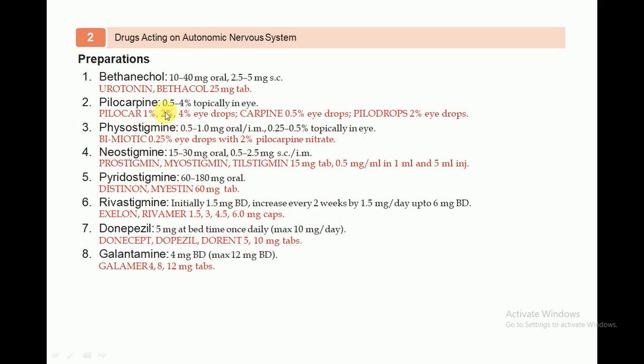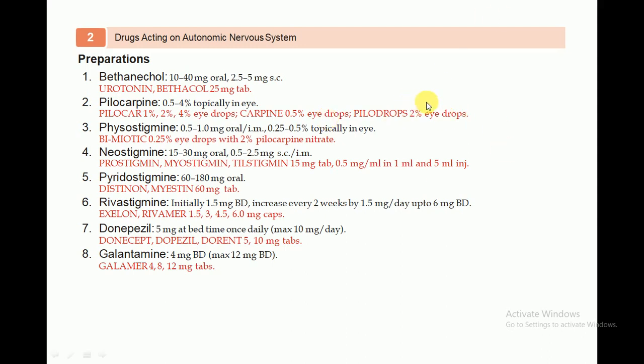The second one is pilocarpine. Pilocarpine is available topically for the eye, at 0.5 to 4%. It is also available under different names: Ocucarpine in 1%, 2% and 4% eye drops, and Carpine in 0.5% eye drops.